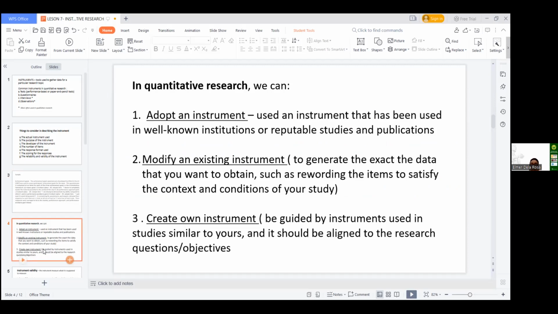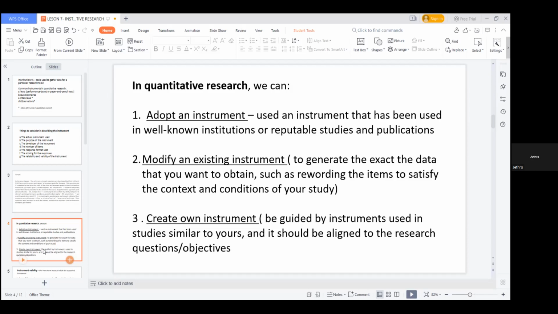For example, yung existing instrument ay may salitang science class, and you want to modify that to satisfy the context, which is your study naman ay mathematics class. So, imo-modify mo, papalitan mo lahat ng science class into mathematics class.